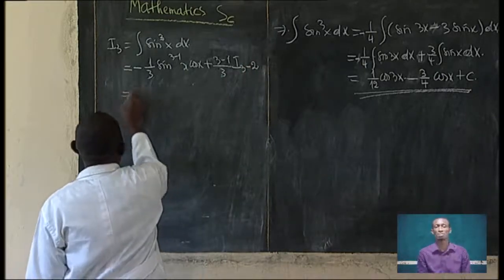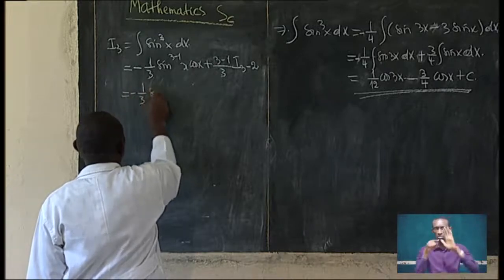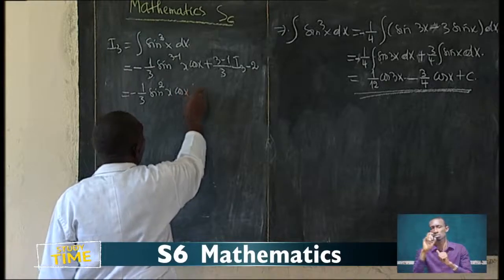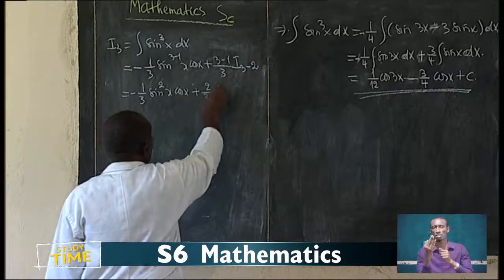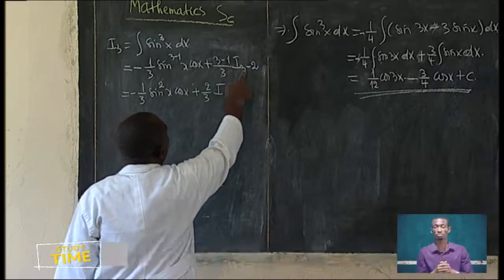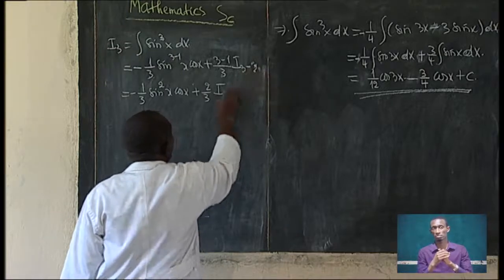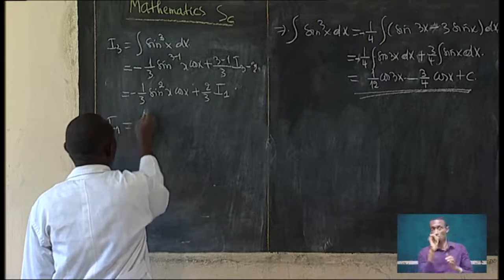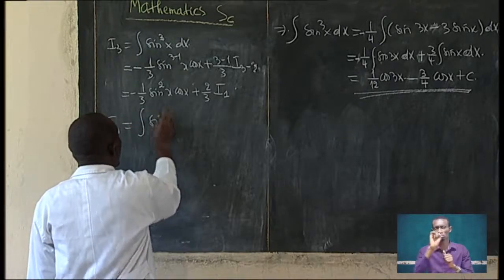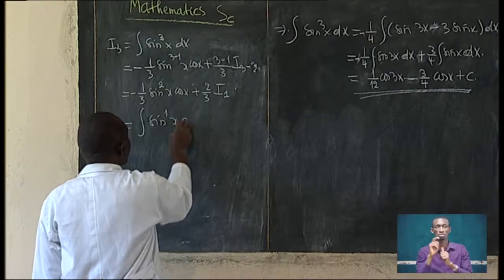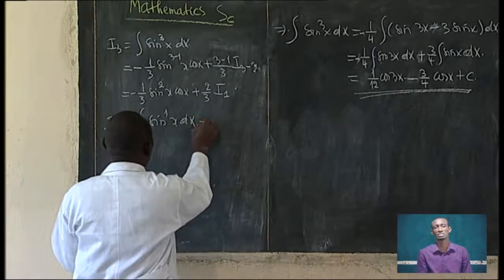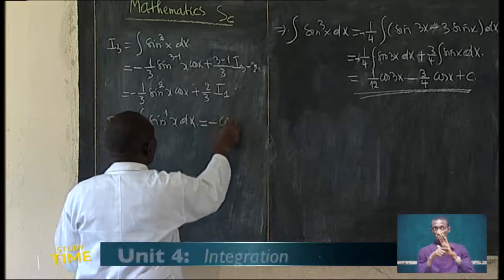So this is minus 1 divided by 3, sine squared x times cosine x, plus 2 divided by 3, I_1. I_3 minus 2 is 1, which means that I_1 is equal to the integral of sine^1 x dx. And this is very simple. This is equal to minus cosine x.